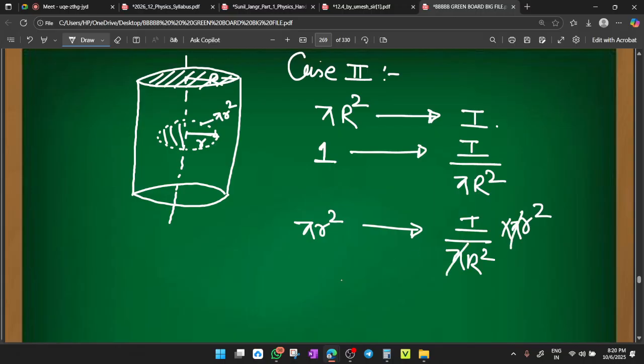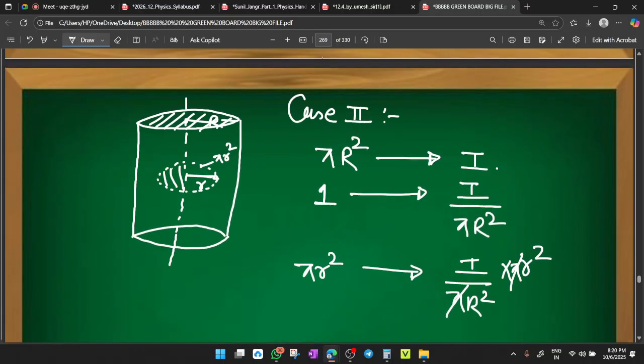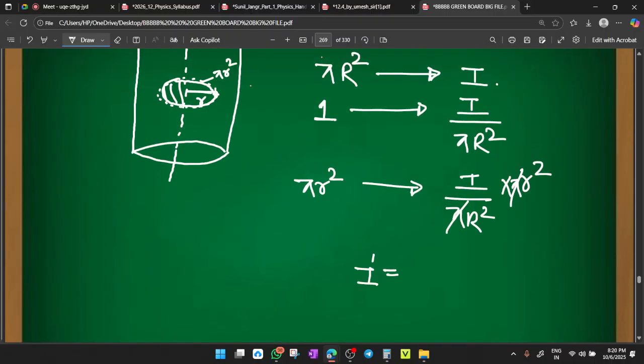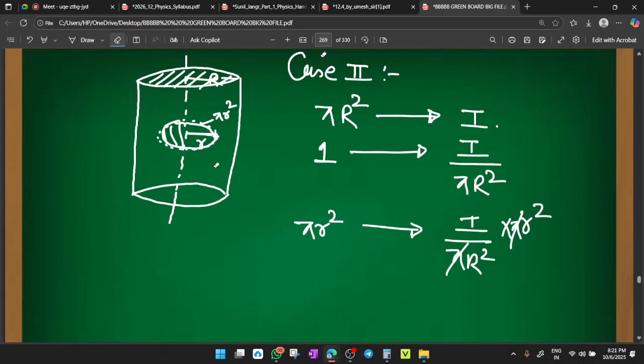Pi and pi cancel. So the current from this cross section is I dash, or I enclosed. Because our Amperian loop is only this one, we have to find the current threading through only this section.